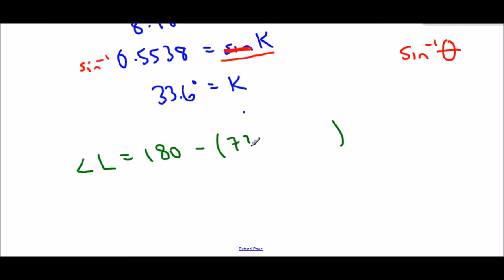And I know 73 and 33.6. So calculating that, I get that my missing angle, angle L, is 73.4 degrees.